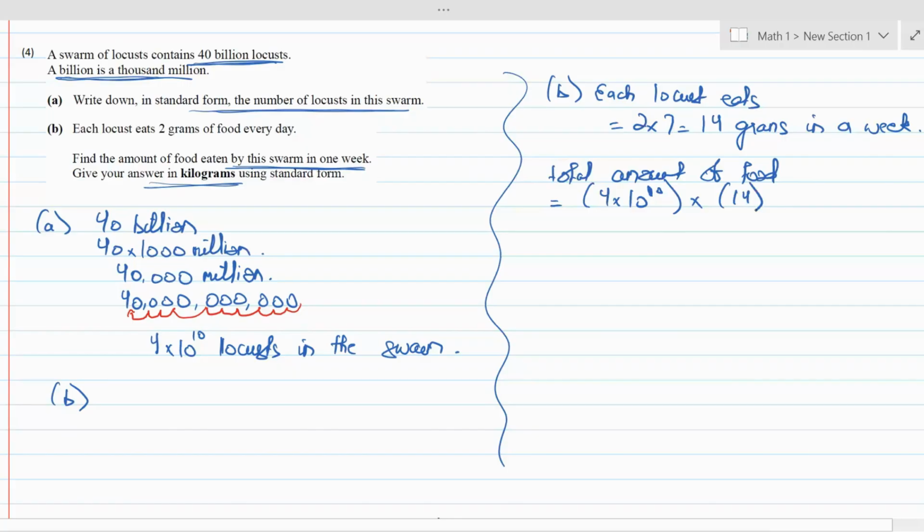So it's simply 14 needs to be multiplied by 4. 4 fours are 16, 6, 1 carry. 4 ones are 4, plus 1, 5, 56. So that's 56 multiplied by 10 raised to the power 10. And keep the unit in mind, it's grams.